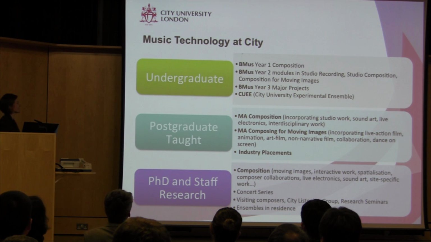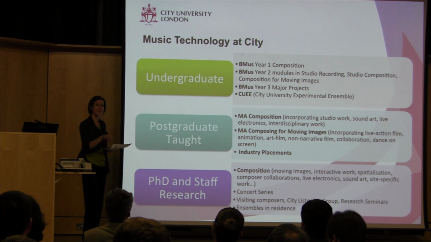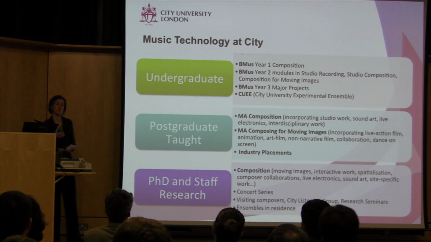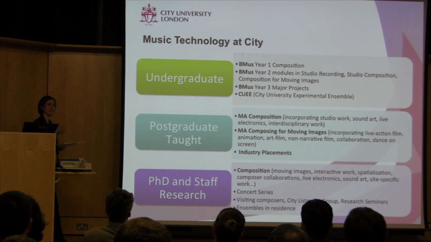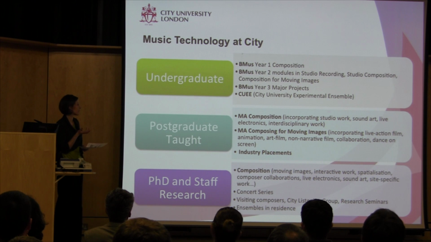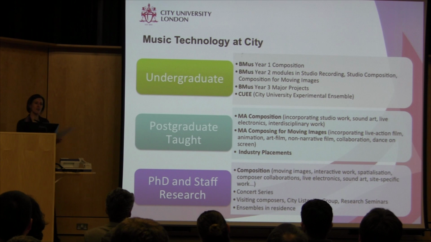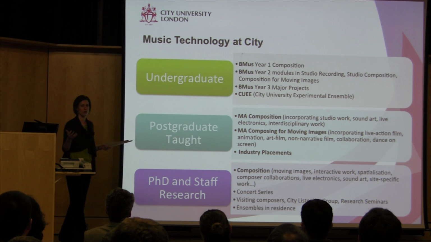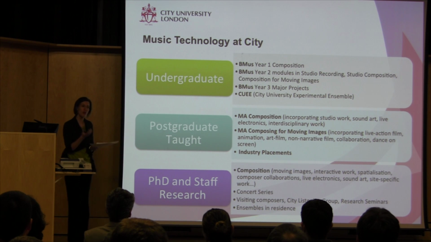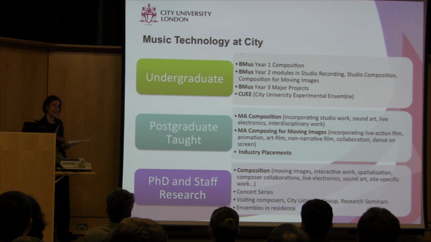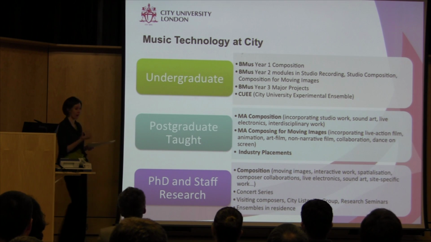I mentioned that composition and music technology is important not just at a research level, but it starts right at year 1 of our undergraduate programme in music. We have a broad-based BMus, and right in the first year we start introducing students to music technology, but in the context of a composition module. What's very important to us is that students are engaging with software like Logic, but thinking about how they're applying those skills to create interesting, innovative, new creative work.